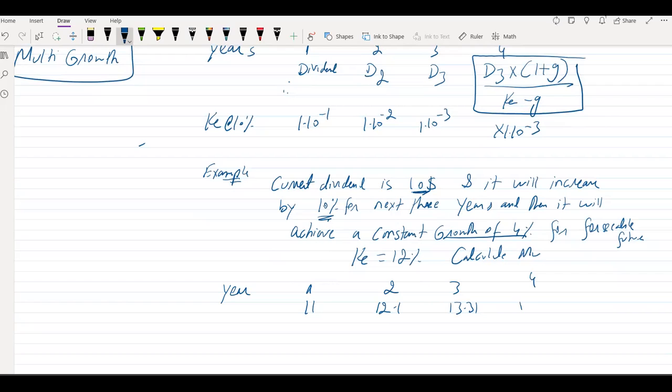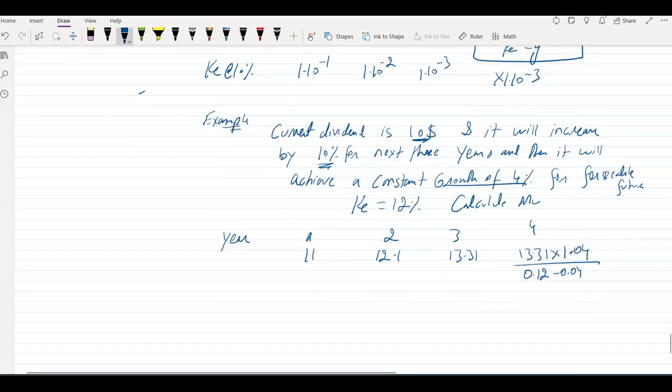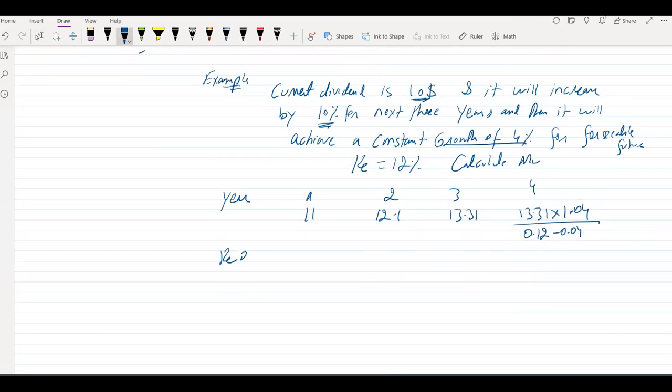You will take the last dividend into 1.04 divided by cost of equity minus G, and discount all these cash flows at 12%. Whenever you apply this formula, you have to multiply with the discount factor of last year.